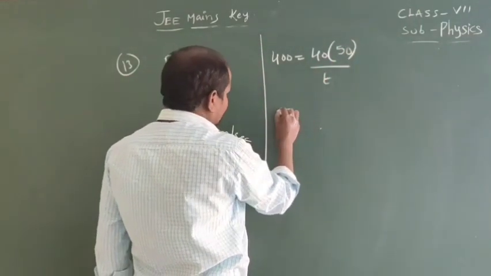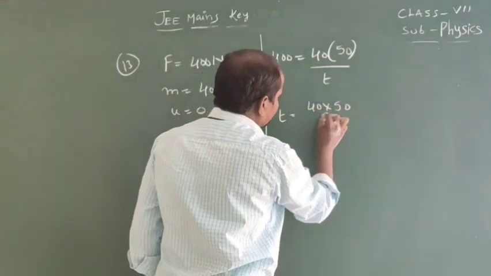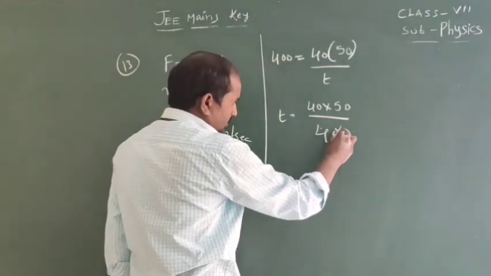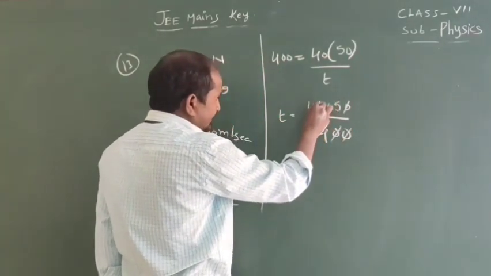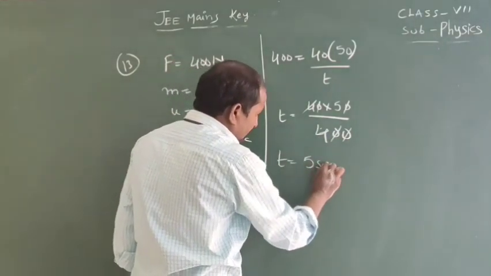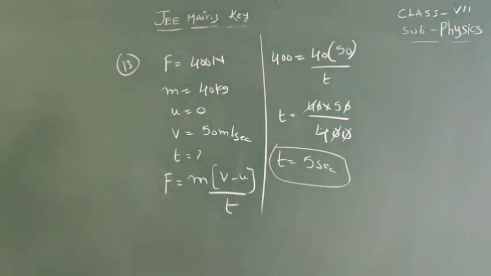So t equals 40 into 50 by 400. 0 will cancel here, 4 will also cancel. Therefore t equals 5 seconds.